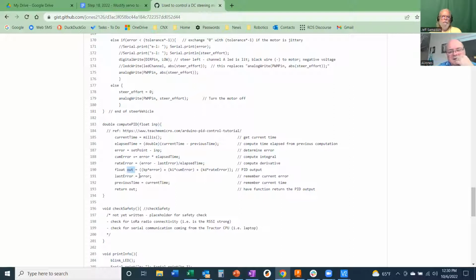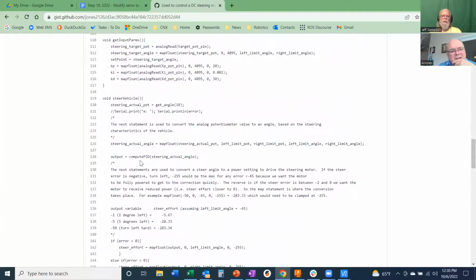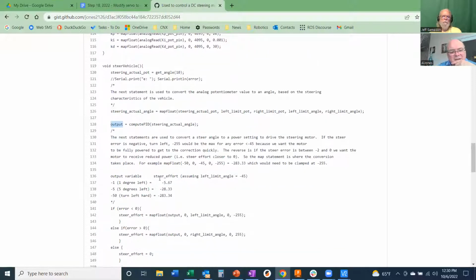Fascinating. I'm surprised this thing worked at all. But you're setting out to the sum of those, and you're returning out. So yeah, that's doing what it's supposed to, I believe. It's calculating it, but I'm not using it.